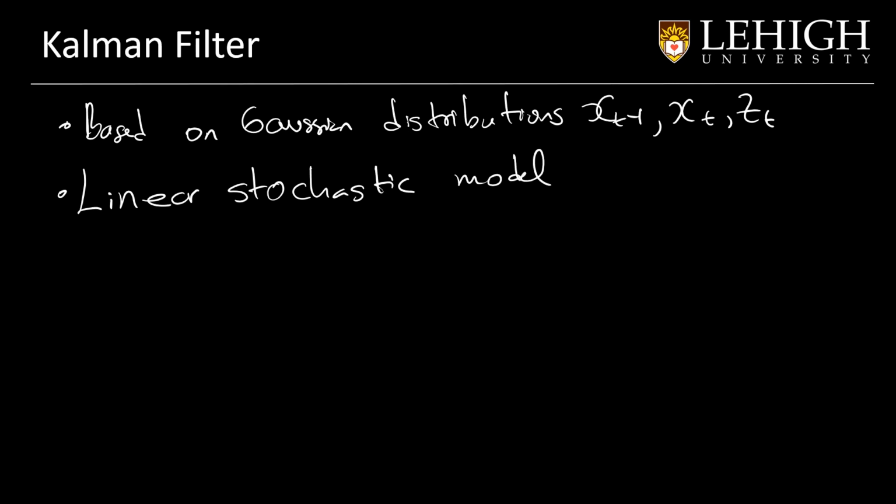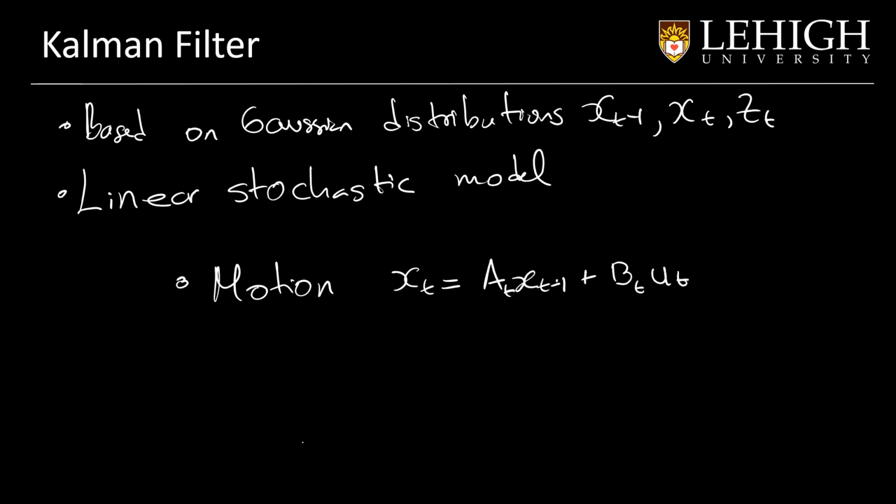I will write down the general equation of what we assume in the Kalman filter, which is that the new state is equal to a matrix that relates the previous state and the new state, plus a matrix that relates the control input and the state, and finally an error, which follows a normal distribution. Okay, and we have a measurement.